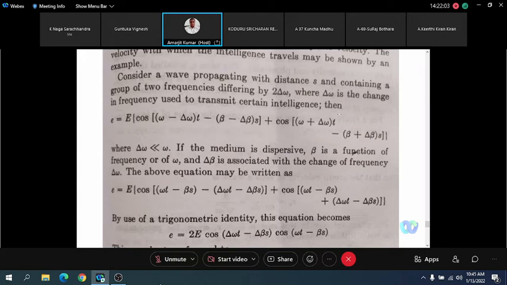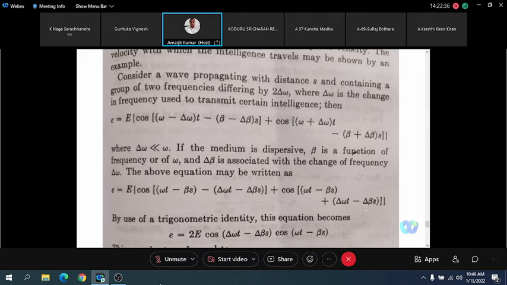In general, the medium is dispersive. Okay, so if you do a little bit of arrangement, then what you will get? Cos of omega t minus beta s minus delta omega t, and if you take minus common, it will be like this. And for the other case, omega t minus beta s plus delta omega t minus delta beta s.